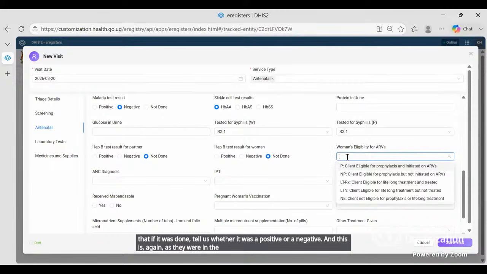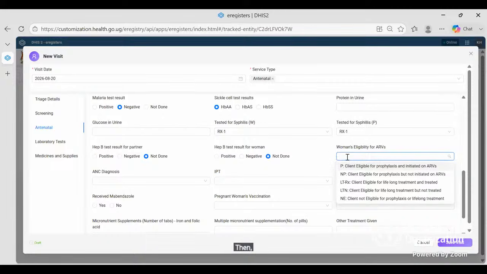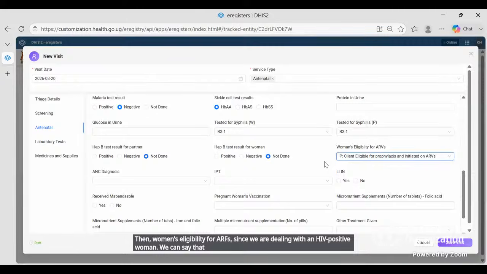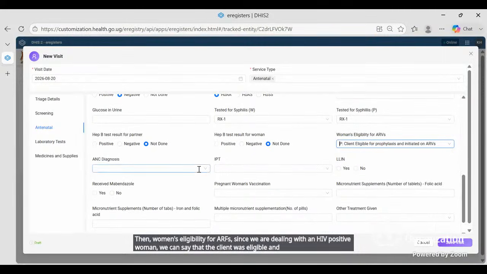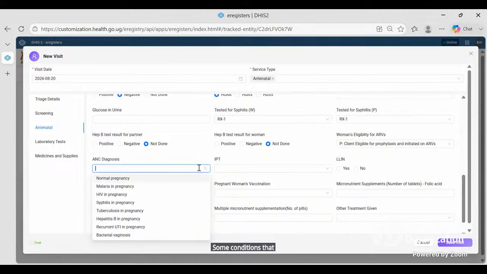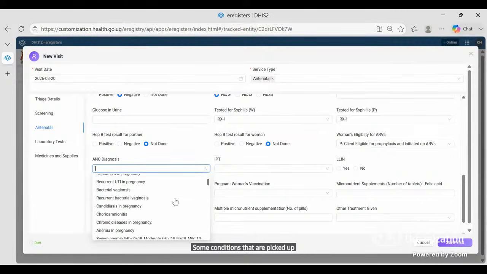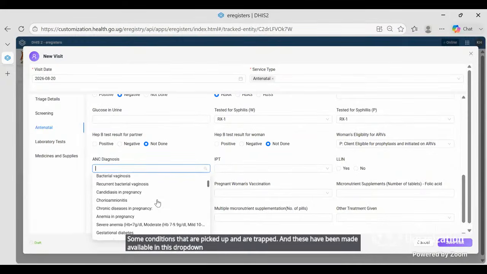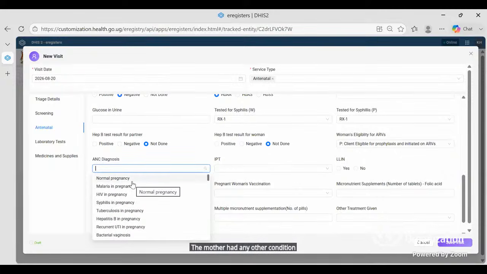Then woman's eligibility for ARVs. Since we are dealing with an HIV positive woman, we can say that the client was eligible and initiated on ARVs. Then under ANC, we also have some conditions that are picked up and are tracked. And these have been made available in this drop down, whether the mother had any other condition during this ANC that was picked up.